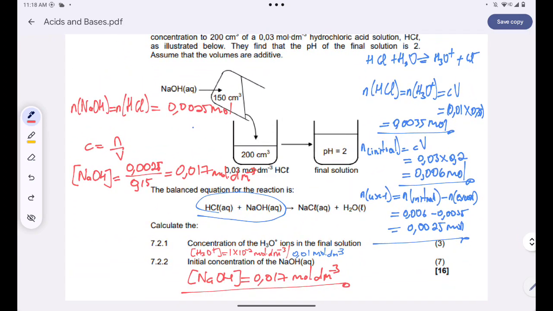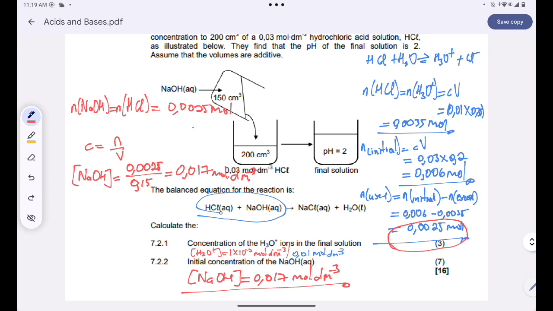Okay, just to take you through this last question. Initially, I calculated the number of moles of the acid which were in excess, and then I calculated the initial number of moles of my acid, and then I calculated the number of moles which actually reacted with the base, and I got that to be 0.0025 moles.